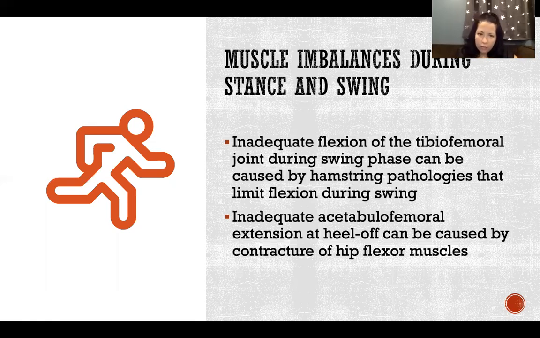Okay, so heel off, when we're moving past mid stance, the heel's coming up off the ground. And then if we don't extend the hip sufficiently, it could be caused by contracture of our hip flexor muscles. So the hip flexor muscles being in a shortened position could keep us in hip flexion and interfere with our ability to fully extend the hip.